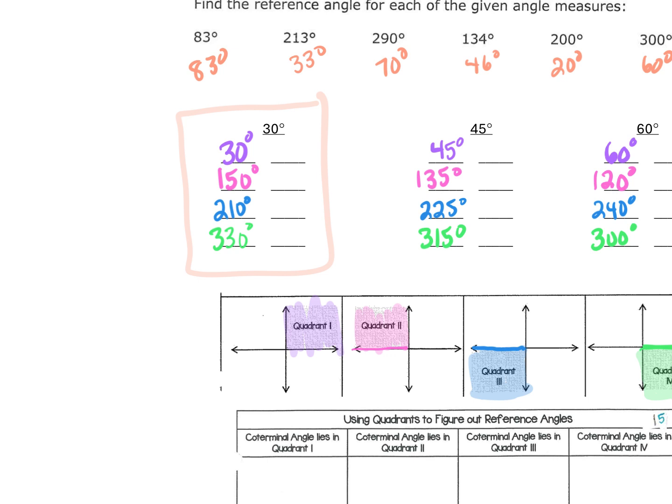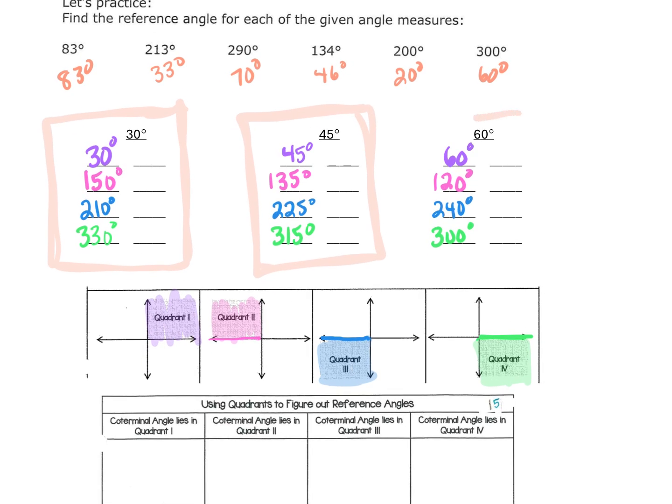Because the reference angle for 210 is 30 degrees. So you need to memorize these 30-degree reference angles, these 45-degree reference angles, and these 60-degree reference angles. And if you've done any work with unit circle, you know where we're headed with this. And some of you I know are familiar with that. Okay?